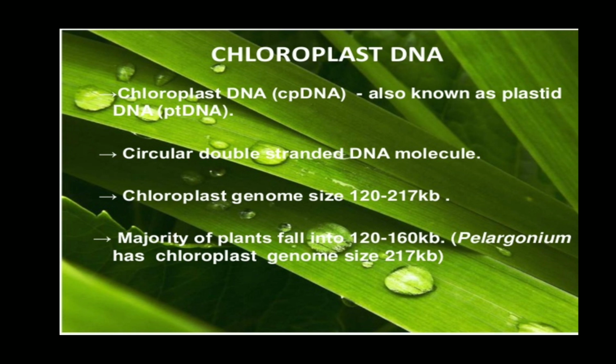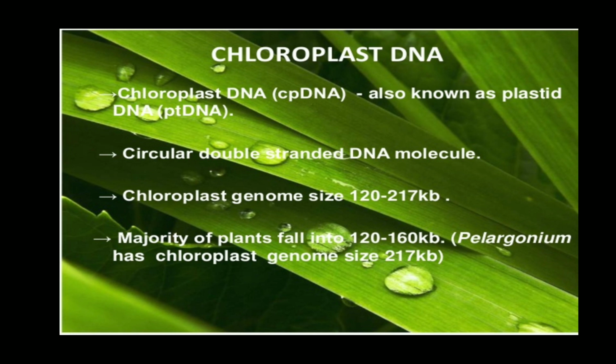So like the bacteria, they have circular DNA which is double stranded, and this chloroplast genome size is about 120 to 270 kilobytes, right? The majority of the plants fall into 120 to 160 kilobytes, but for some of the plants, their chloroplast genome size is about 270, right?